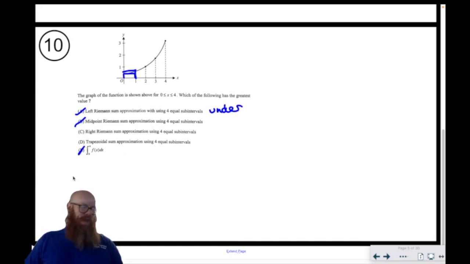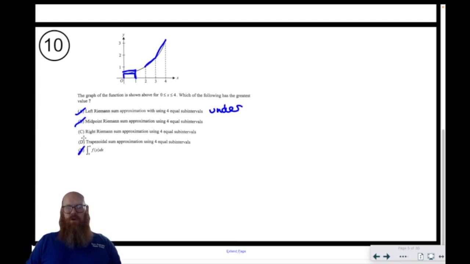And then we have the trapezoidal sum. All right, well, since it's concave up, the trapezoidal is also going to be an over approximation, all right? But the trapezoidal will never be as bad of an approximation as the right, given the same number of subintervals.